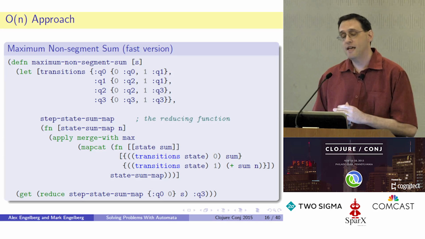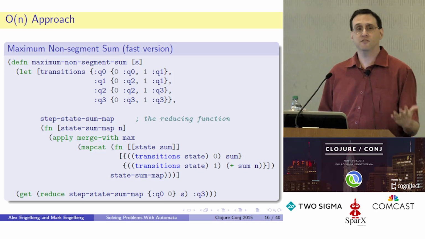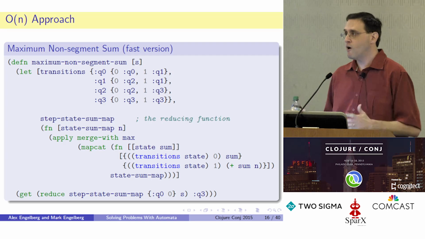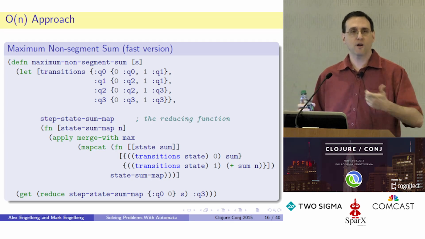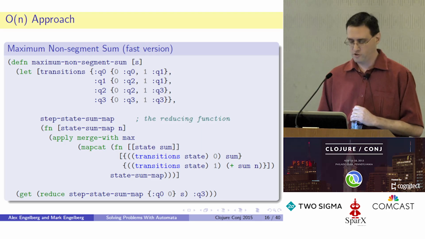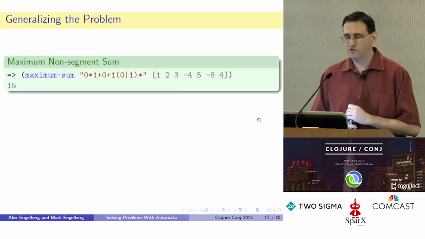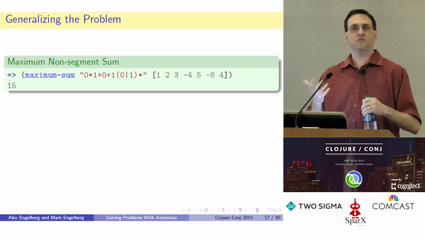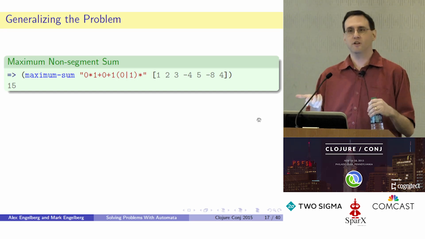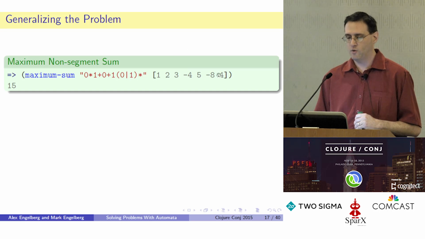Now, interestingly, you can generalize this, right? Because this process works with any kind of subsequence where we can describe that bitmask by a regular expression. So let's generalize this to a function called maximum sum that takes the regular expression that we're looking for the bitmask and the sequence.